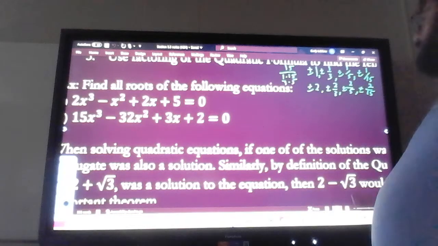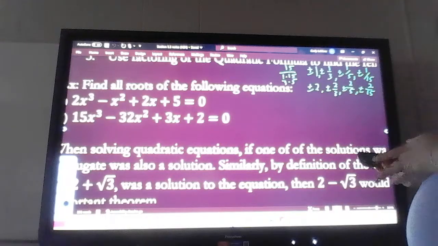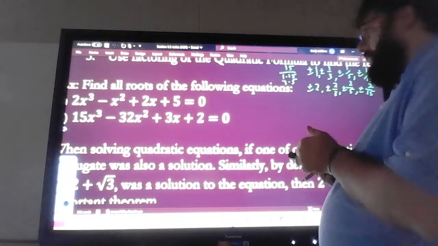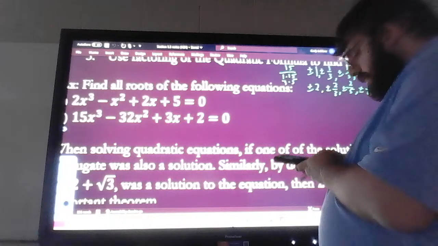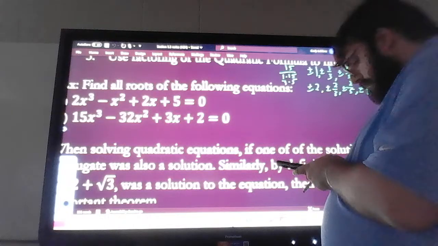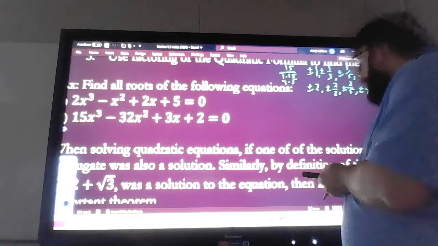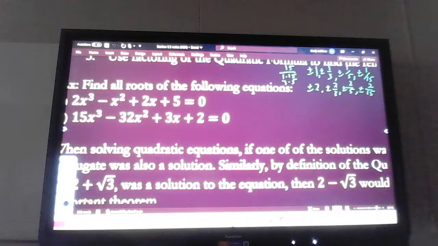And then just like before, we're going to start with our whole number ones first, just to help make it a little bit easier for us. So on my calculator, I'm going to type in the function, 15x cubed minus 32x squared plus 3x plus 2. I'm going to look at -1, +1, -2, and +2. Let's see.